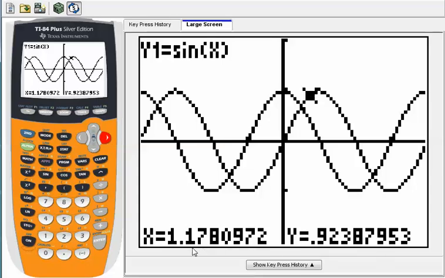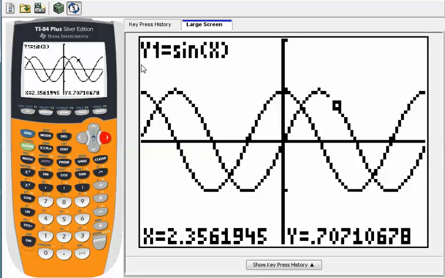Unfortunately, we can't see if it's half pi or pi or whatever, because we just see a decimal approximation. Now what we're doing is stepping through and tracing along our first function.